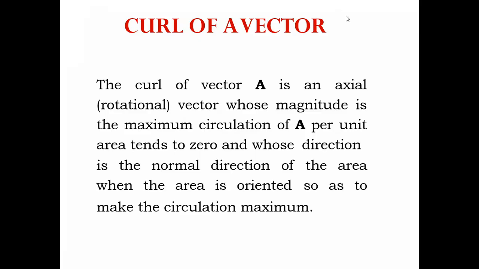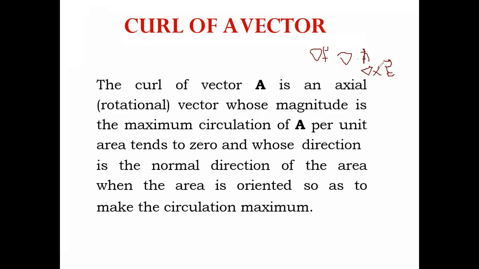The gradient you represent like this, grad of f. The divergence you write like del dot A. The curl uses the same del operator, and you write it like del cross A.